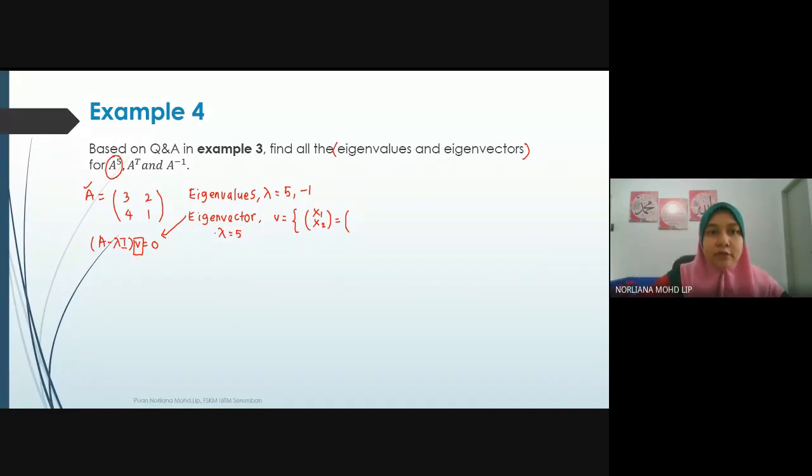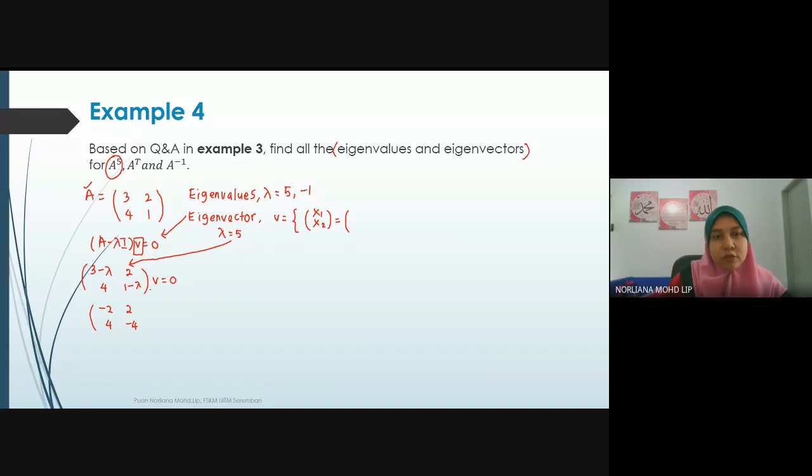Then substitute lambda equal to 5. Here we had 3 minus lambda, 2, 4, 1 minus lambda, times V equal to 0. Substituting lambda equal to 5, we get 3 minus 5, negative 2, 2, 4, 1 minus 5, negative 4.